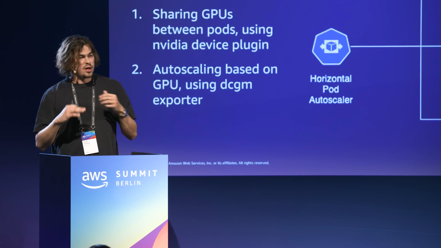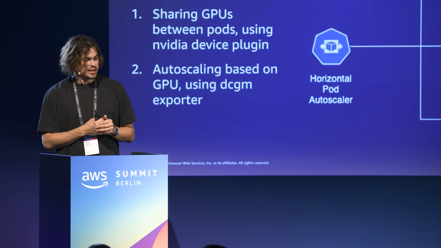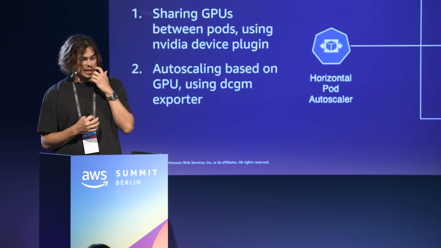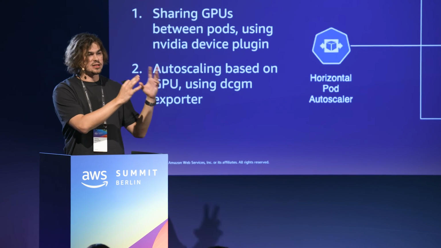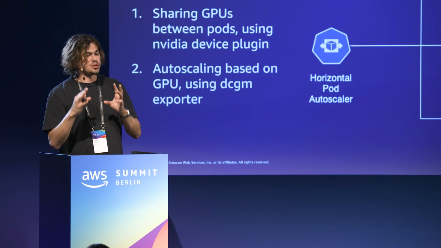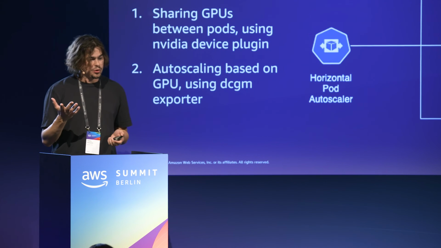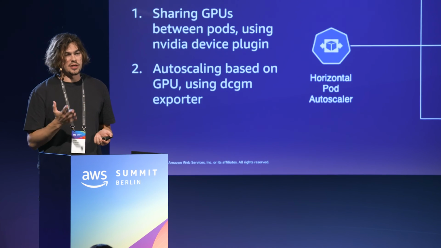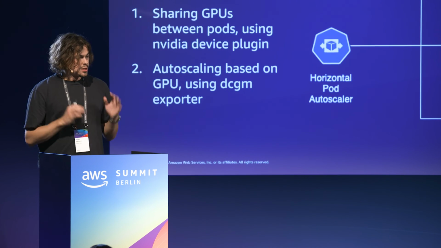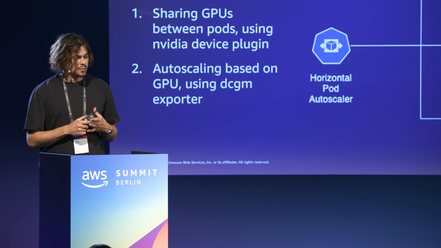And if you have a Kubernetes node that carries a GPU, you can easily say that, okay, I want this pod to get 10% of it, that pod 20%, and so on. Because we are using GPUs, it's quite expensive compute, and you don't want to waste this resource stale. So the NVIDIA device plugin will help you here.